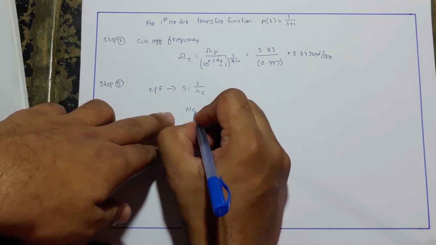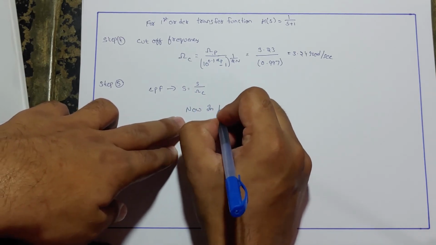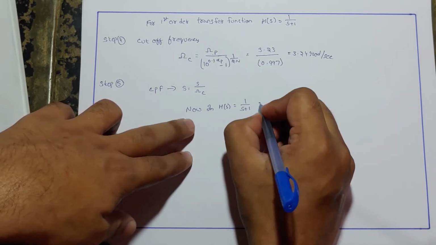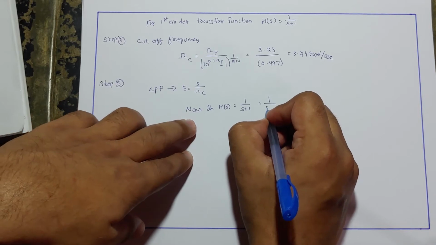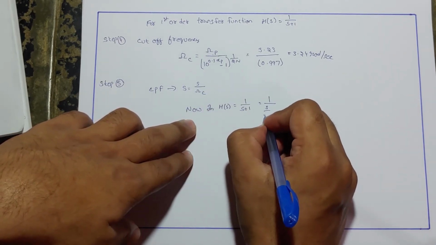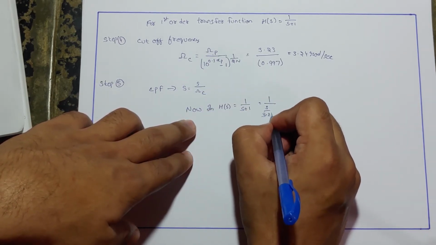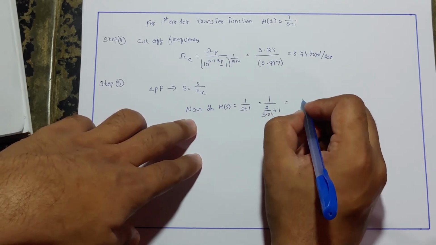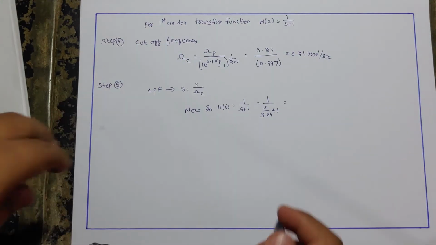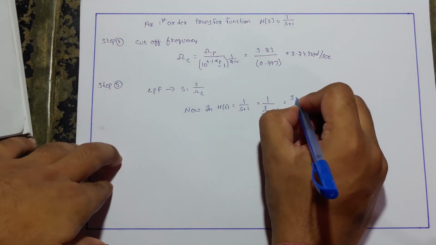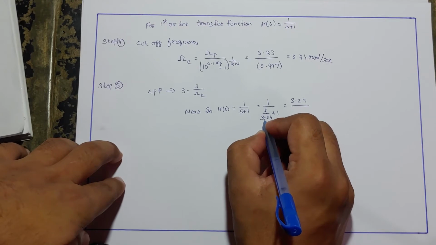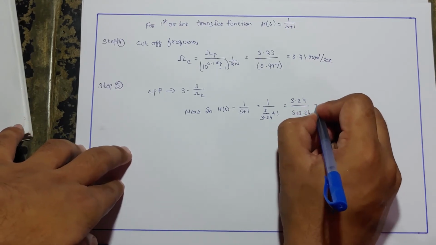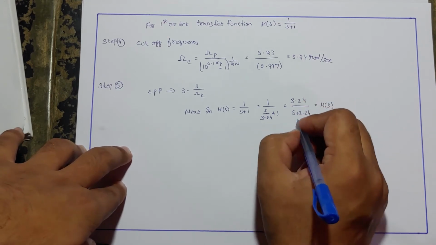So now in H of s, 1 by s plus 1 is equal to 1 by s by omega c, which is 3.24, plus 1, which is equal to 3.24 by, LCM will be taken, s plus 3.24. Now this is equal to H of s.